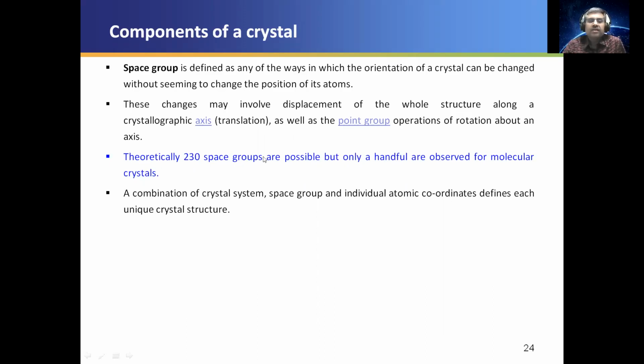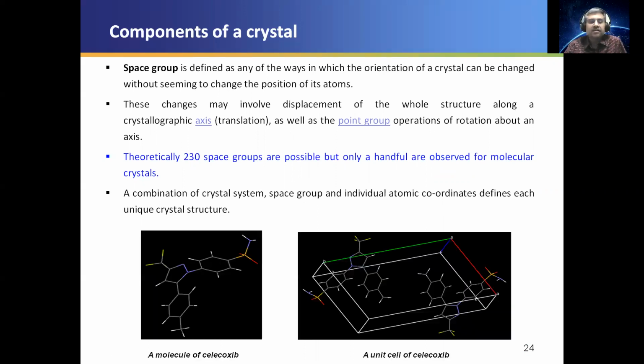Theoretically, 230 space groups are possible, but only a handful are observed in the case of molecular crystals. A combination of crystal system, space group, and individual atomic coordinates defines each unique crystal structure.